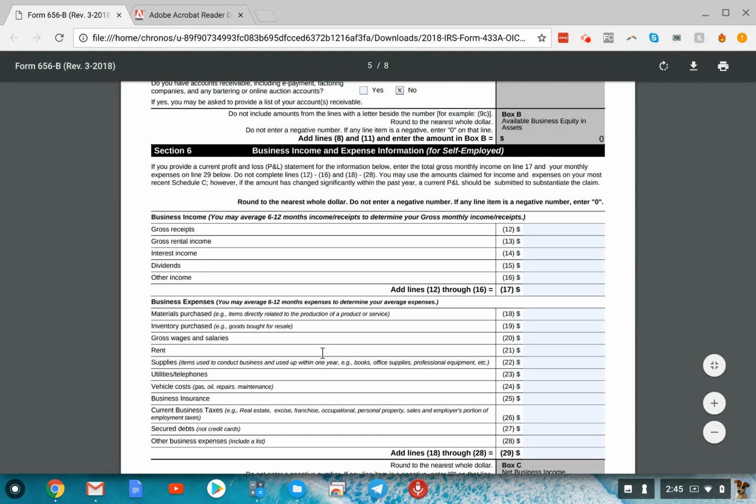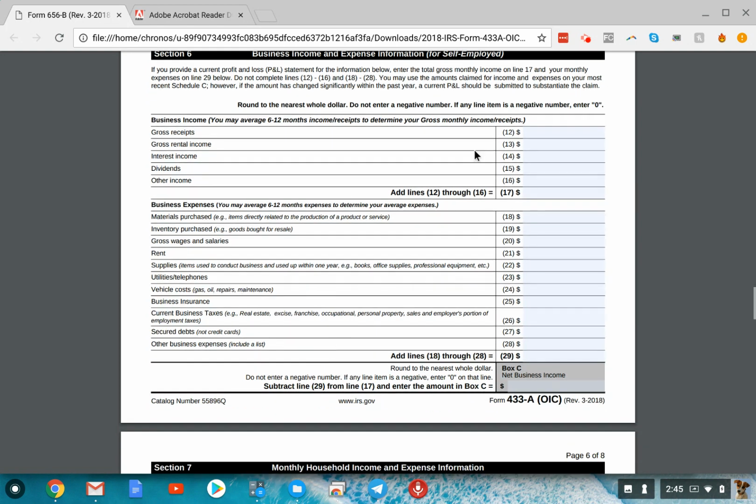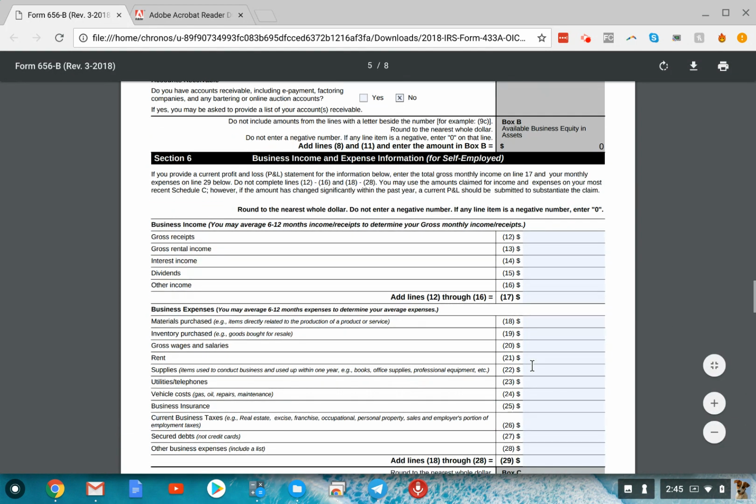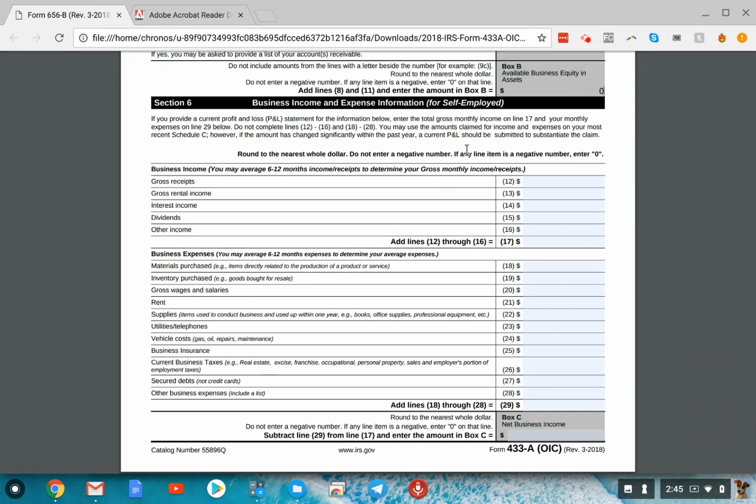What you're going to do here is you can go ahead and fill out a profit and loss, or you can use your most recent Schedule C. And if you do the Schedule C, there's a simplified version of doing it.